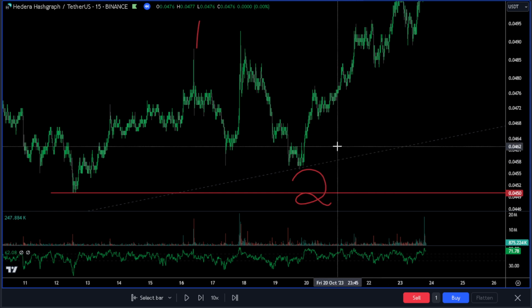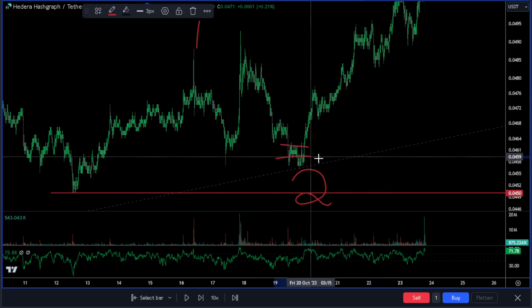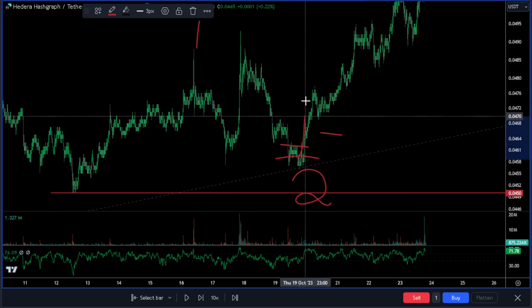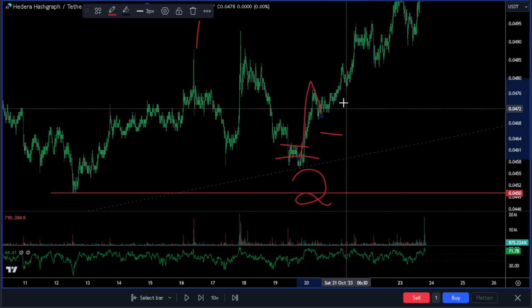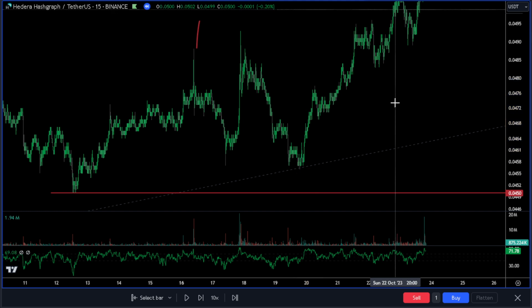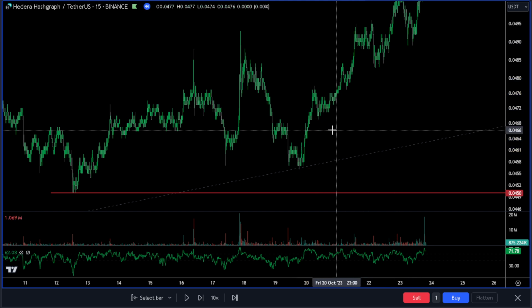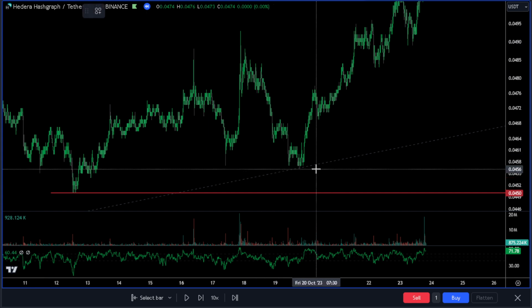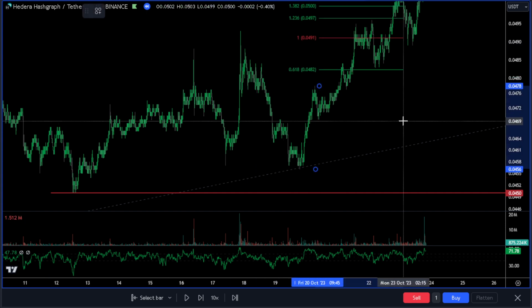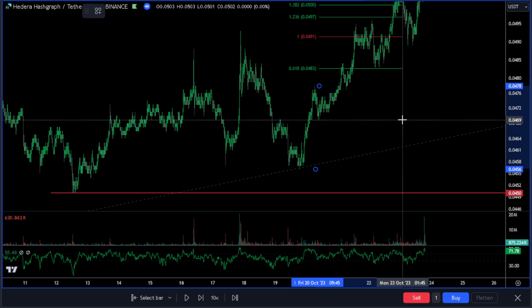But I'd be waiting for the break of this level in real time. I'd be waiting for the 50 and the 618 of this second one. I'm being honest with myself. I wouldn't have gotten that. Missed that entry. Even our third wave there came up a little bit shy.